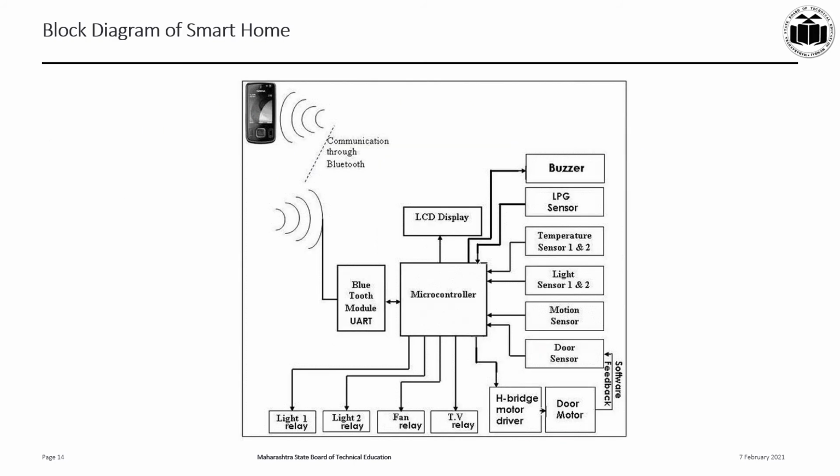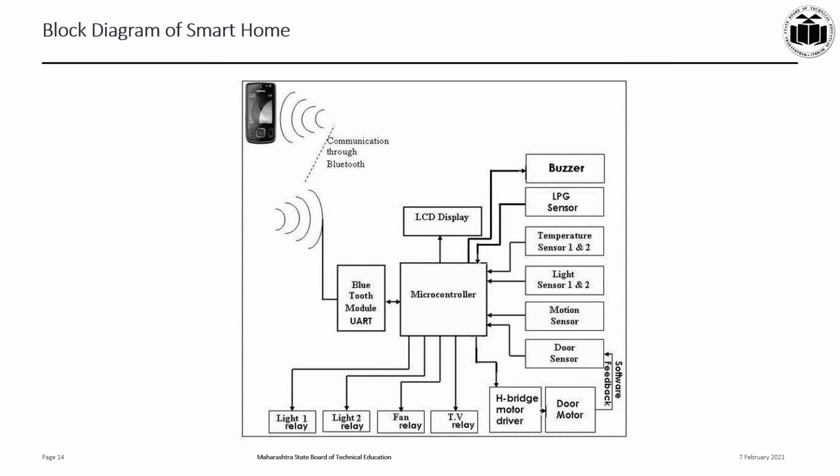Block diagram of smart home system is as shown in figure. It mainly consists of two parts: central control unit, that is a microcontroller, and different electric and electronic home appliances which are connected to the microcontroller.